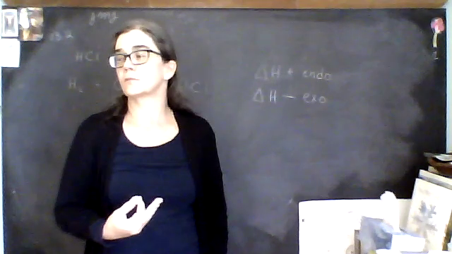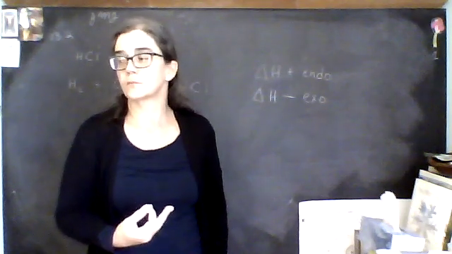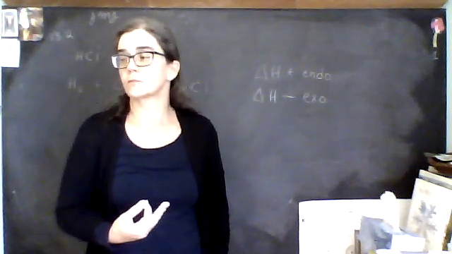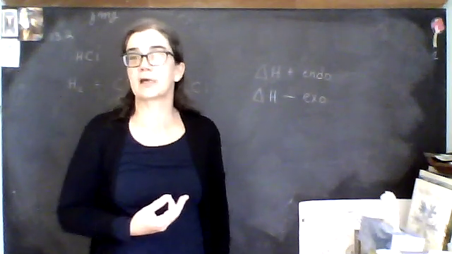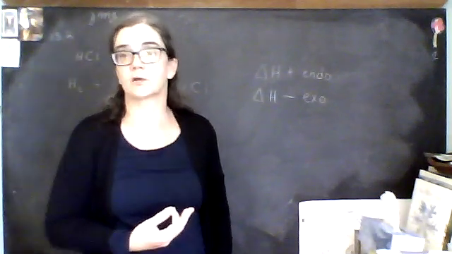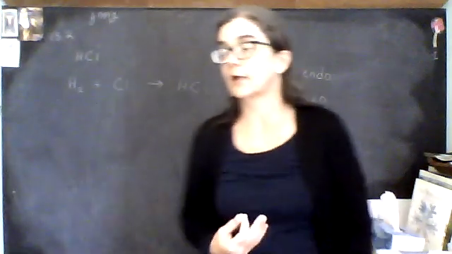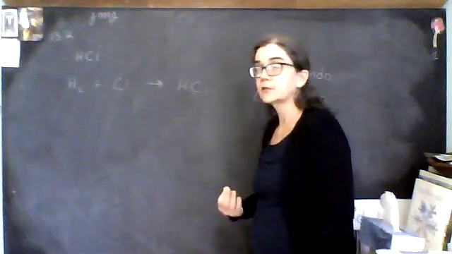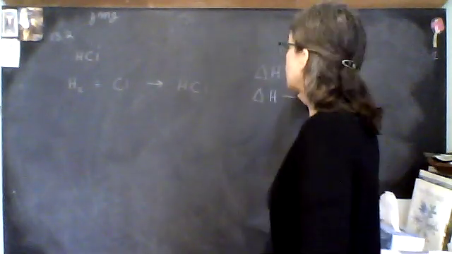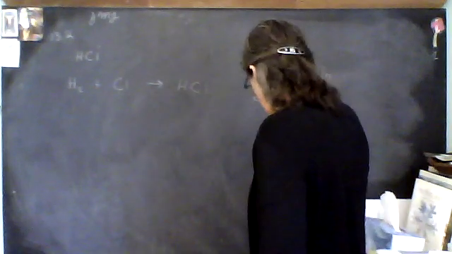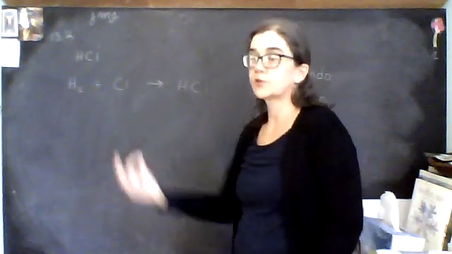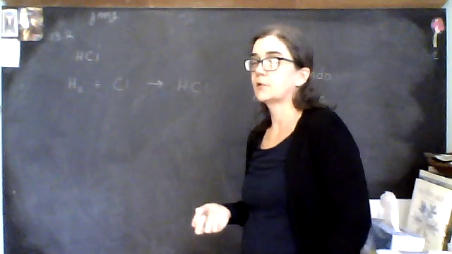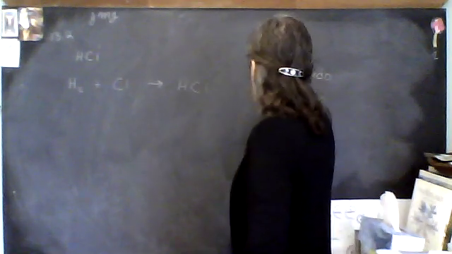So if it's lost energy, then it's expelling heat, making it exothermic. So what is happening in the formation of the hydrochloric acid? Is it going to be endothermic or exothermic? Is heat being released or is heat being absorbed? Absorbed. Yes. So it's this kind of reaction.